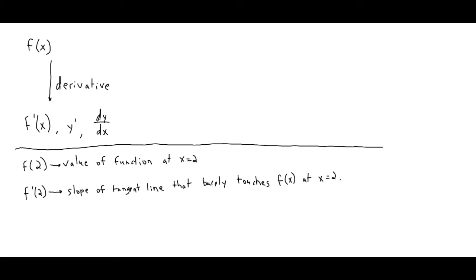Normally you have f of x, and you plug in an x and get a y value. F of x is just a formula where you plug in an x and get a y value. F prime of x, or the derivative of f of x, is a formula where you plug in an x and you get the slope of the tangent line at x.